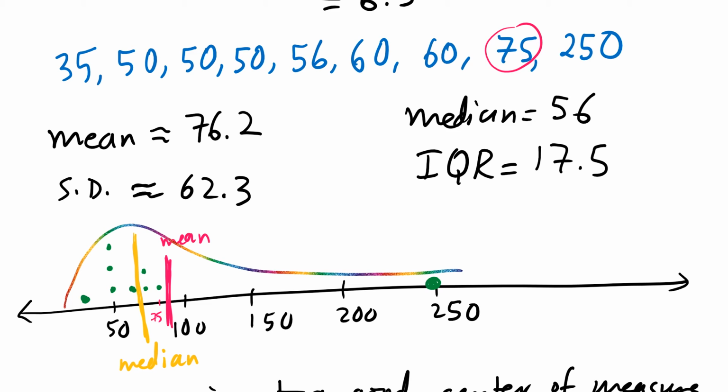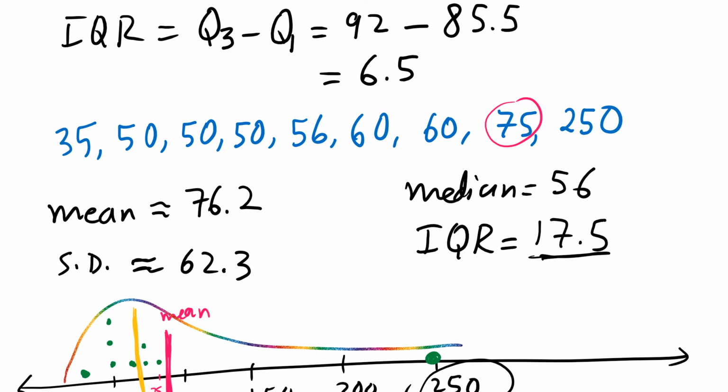Notice something: if you look at the number 17.5, the IQR, or at least the standard deviation, the spread is really big here because of the 250 that we have there. It tells you how far the 250 is away from the mean. But the 250 does not affect the IQR. The IQR has nothing to do with the 250, because when we find the IQR for such data, which we did, it's 17.5.